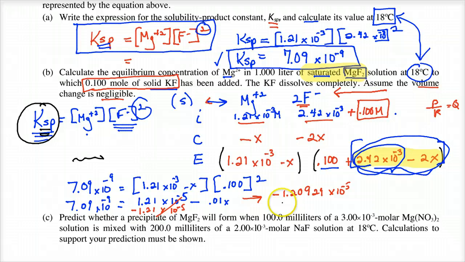All I did was subtract 1.21 times 10 to the negative 5 from that. Now I'm going to divide by 0.01, because I'm just solving for x. And when I put that in my calculator, my x is equal to 1.209 times 10 to the negative 3.